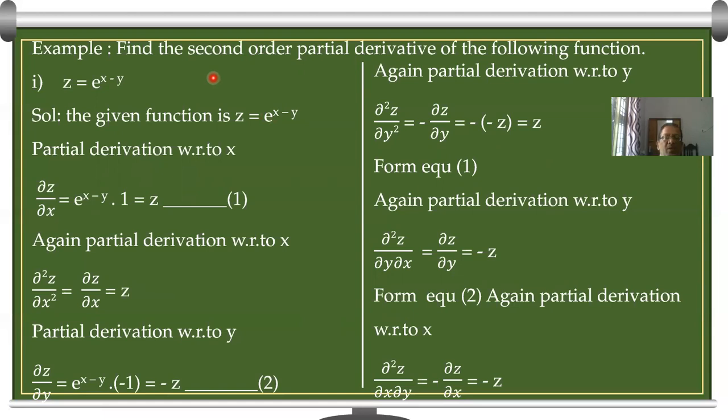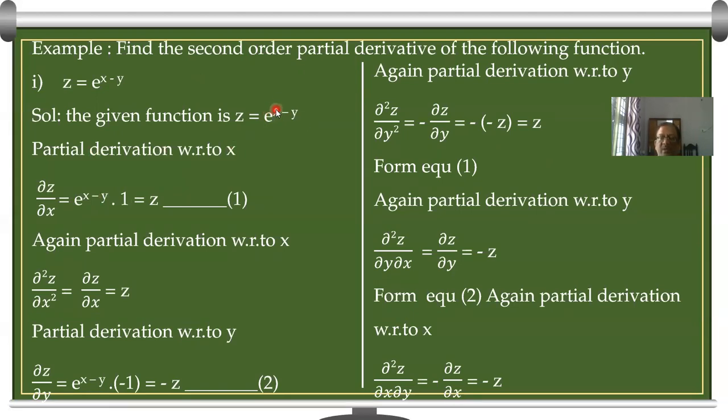Now the partial derivative with respect to x. Therefore, the partial derivative with respect to x, ∂z/∂x, is e power x minus y as it is, since the derivative of e power x is the same, but then the inner function derivative. What is the inner function here? x minus y is the inner function.